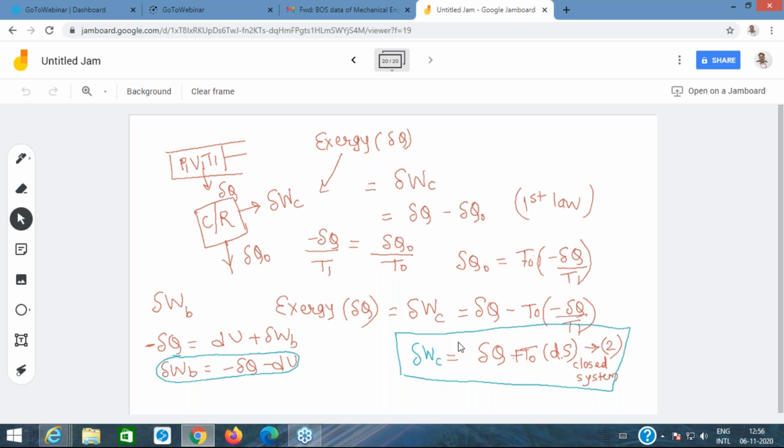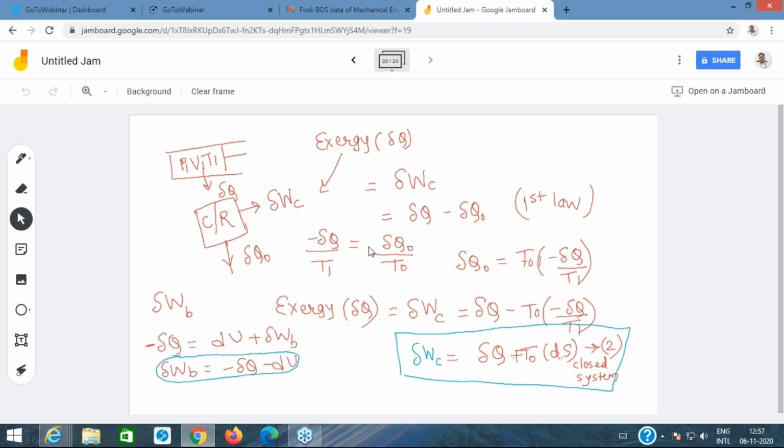How do you get this expression? You get it by applying the second law expression, del Q by T1 is equal to del Q naught by T naught, and by using the energy balance for a heat engine. The energy balance for a Carnot engine is del Wc is equal to del Q minus del Q naught.